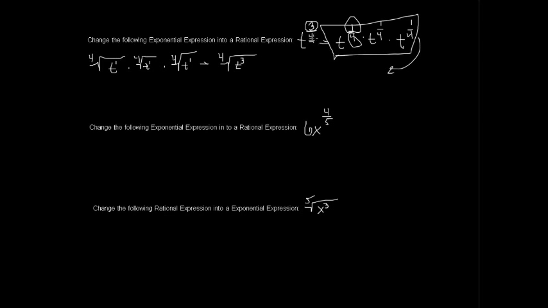What you're really doing is putting a radical sign over this t, bringing the top exponent in the fraction inside, and taking the denominator and putting it on the outside. That's all you're doing.